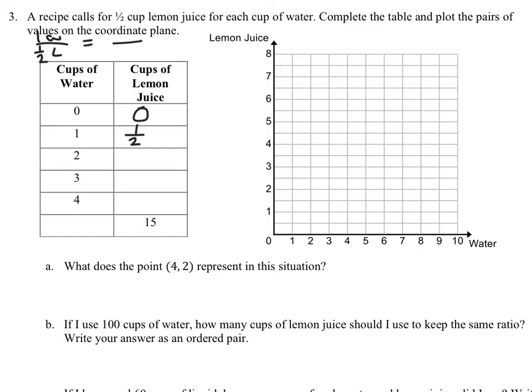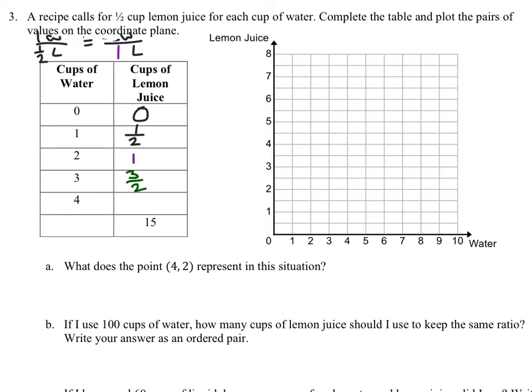But now we're looking at 2 cups of water. So how many cups of lemon juice? Well, we would multiply that both by 2 and get 1 lemon juice. So you could set up those fractions the same even if the table's not in order, and you should be able to find those values. So 3 as well. So now I'm going to multiply this by 3 to get 3 cups of water, and that would be 3 halves.